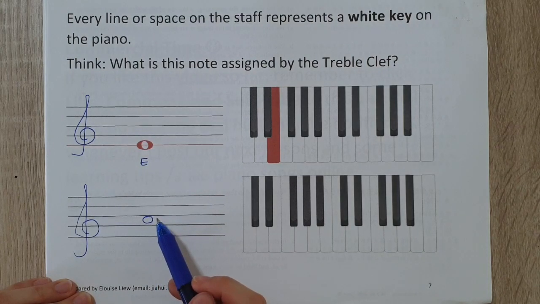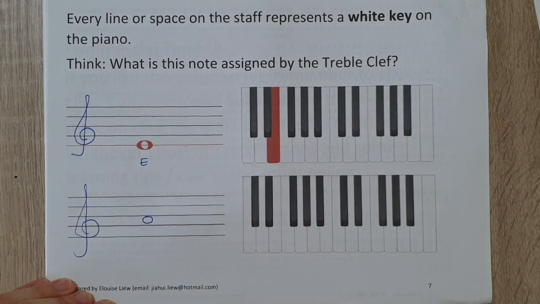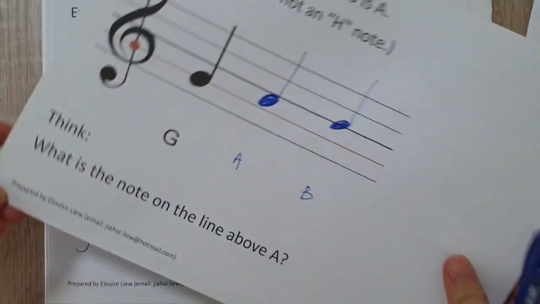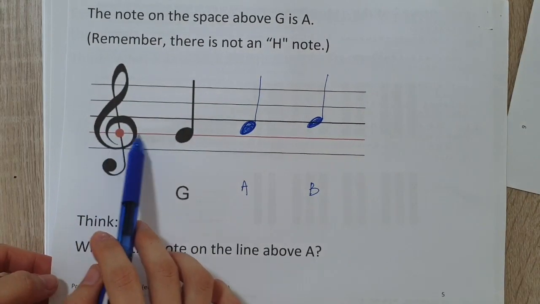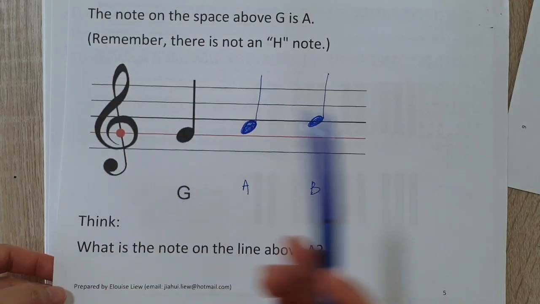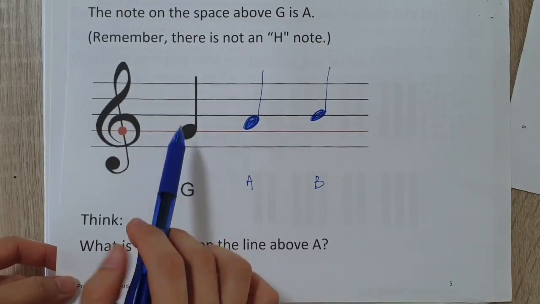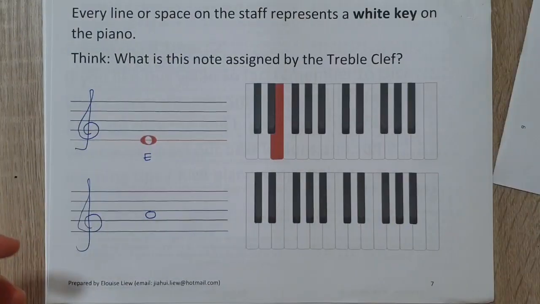The second method to do this is, remember earlier on we mentioned that treble clef is known as G clef because it wraps around the second staff line. So now you know that second staff line is the G, that's your point of reference.